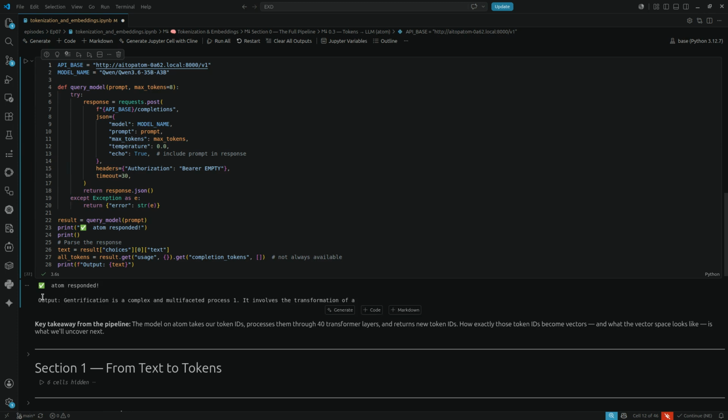Okay, so the output is, and here I've restricted the number of tokens that can come out to 8. So this was our prompt, "Gentrification is a complex and multifaceted process," and these are the 8 tokens that it emitted.